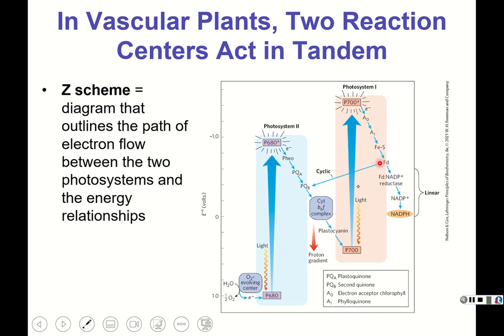So you can have a transfer back to a plastoquinone from ferredoxin, and this would make it cyclic. It just goes in a cycle, which might seem a little silly, but it's to generate ATP in the absence of NADP+. NADP+ can be limiting sometimes, in which case you still want to be able to make ATP, and that's a workaround.